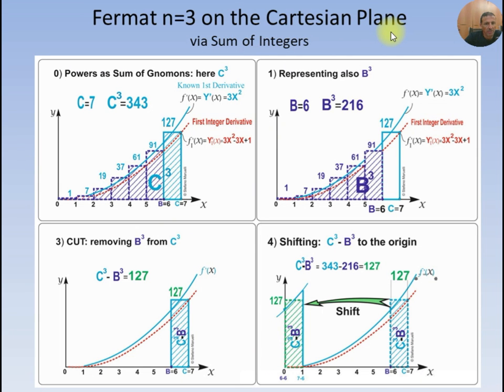So here is the reason for representing the powers via sums and using x instead of i. You can see we can represent c equal to 7 in a Cartesian plane yx, and it is the sum of 1 plus 7 plus 19 plus 37 plus 61 plus 91 plus 127. And you can see you can square this; these columns are called gnomons.